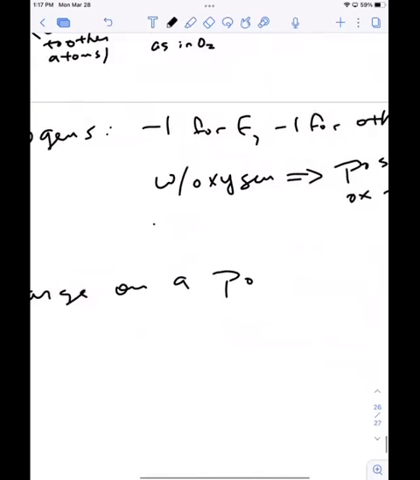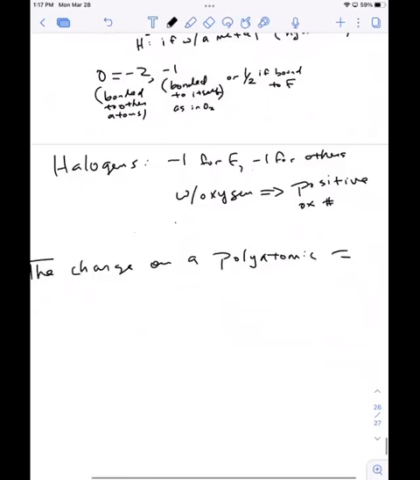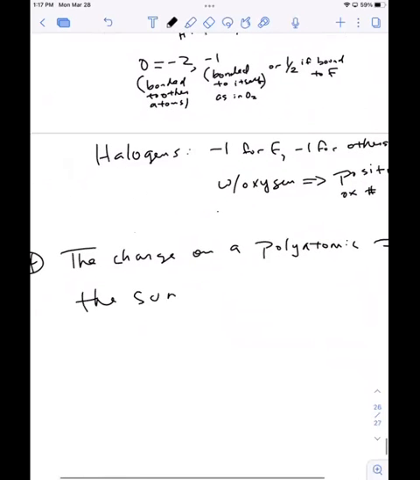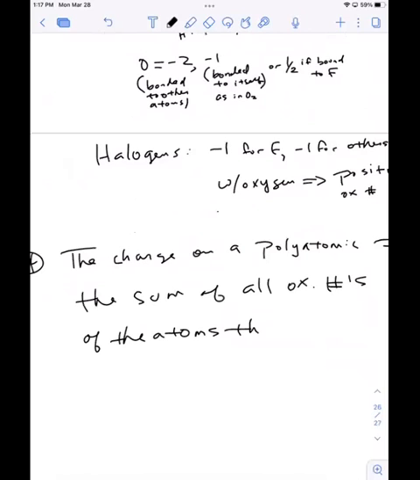So the charge on a polyatomic is going to be equal to the sum of all the oxidation numbers of the atoms that make it up, right?